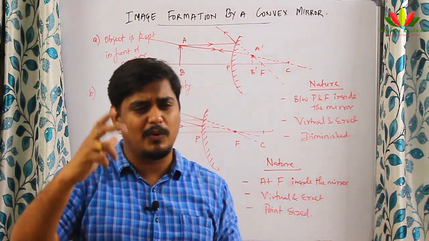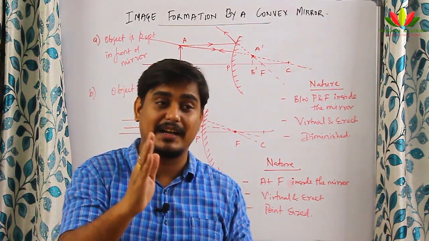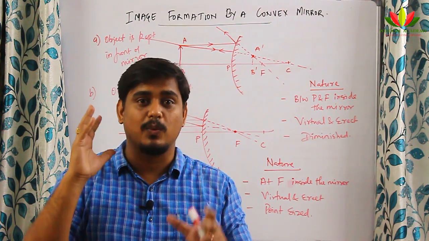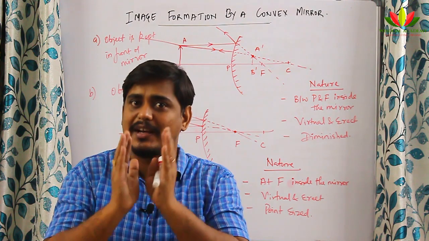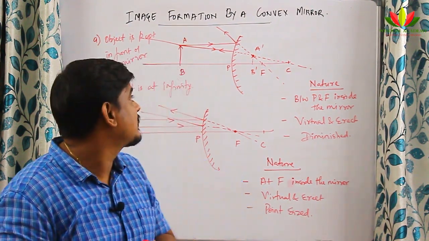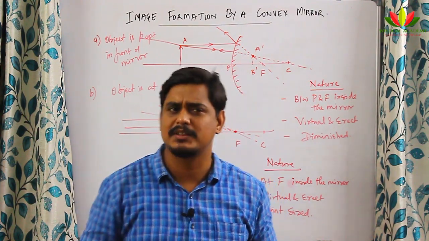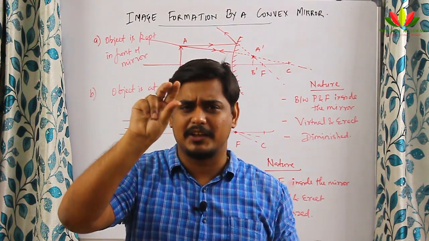If you think what are some other uses of convex mirror, what comes to your mind? See, I am telling you again and again, your aim is to find where the object size is reduced and you are getting the image. So, where else can a convex mirror be used? If you think about that, most of you would have gone to ATMs. Have you seen in ATM, there is a silver color thing at the top of the ATM.